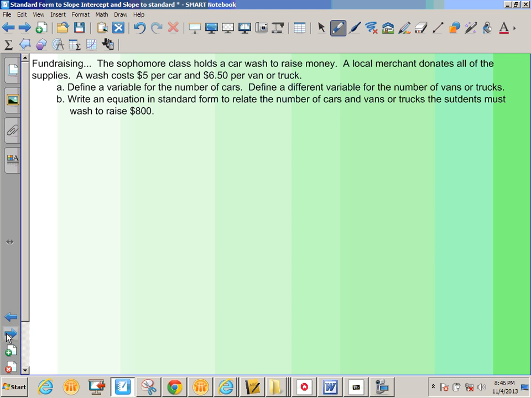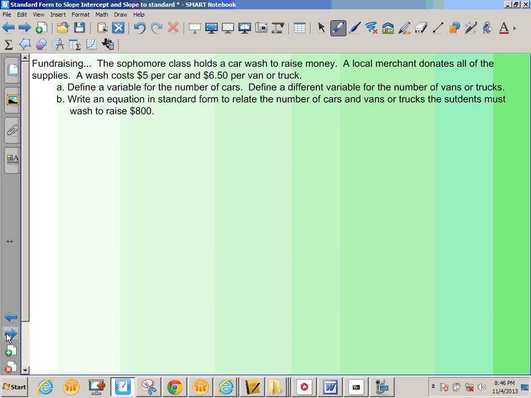So let's go ahead and first off use a variable to define our car, and then the van and truck, those are going to cost the same amount of money.